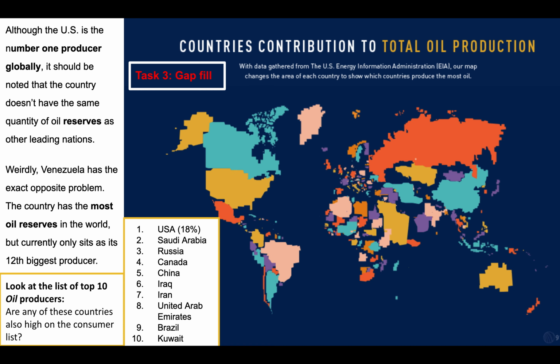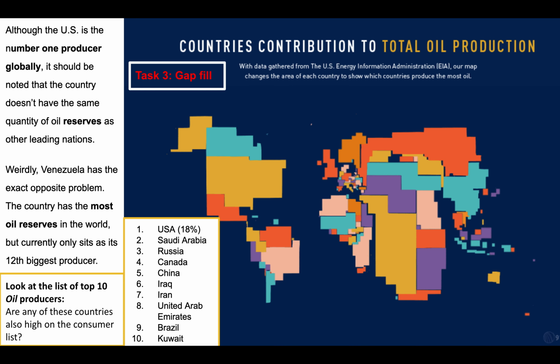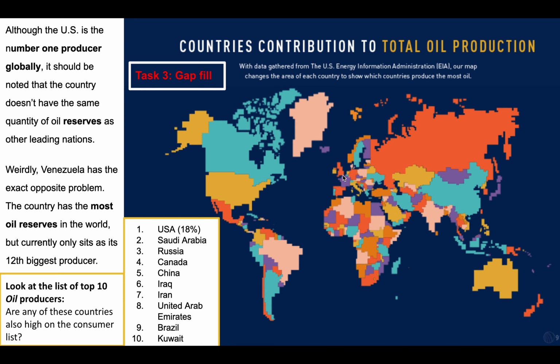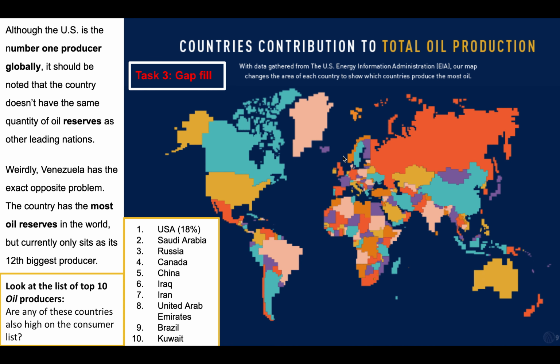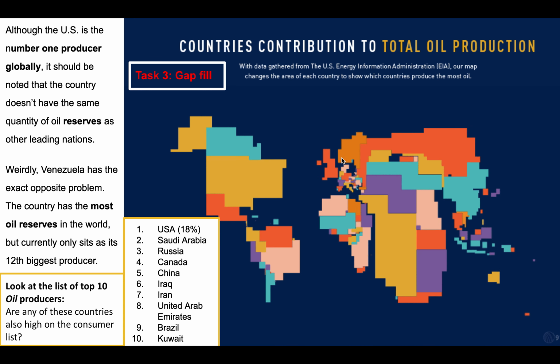And so some of the profits that come from all that oil extraction is going into the pockets of big oil companies like ExxonMobil, British Petroleum and Shell in European and Western nations. So a bit concerning there.